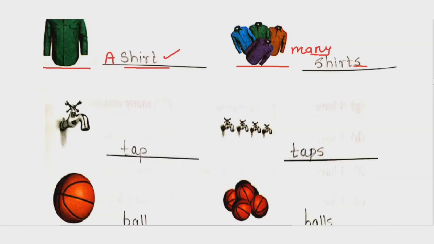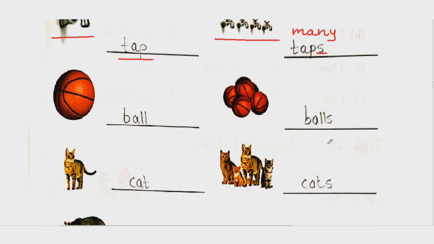Next picture. What is this? Tap, मतलब नल. Okay? So ये एक ही है इसलिए tap. But here you can see 1, 2, 3, 4. So we will use S at the end. That is many taps. Okay? Next picture. What is this? Ball. Because it's one in number, only ball. B-A-L-L.